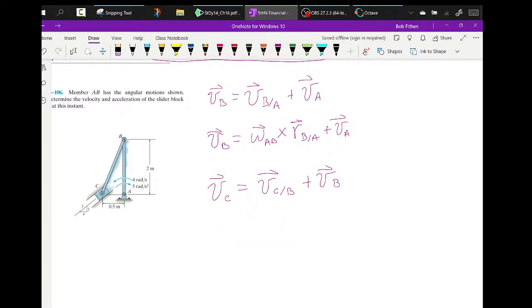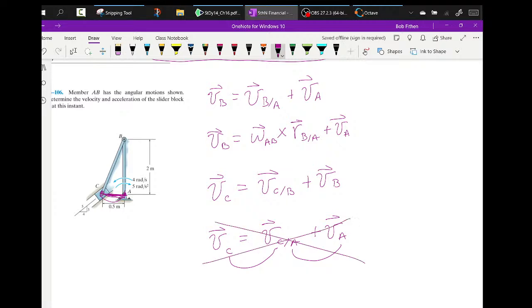We can do this. What is useless to you is this. Totally useless. C and A are not on the same length. The distance between them changes.